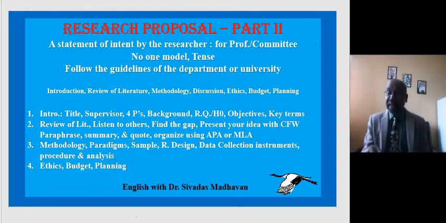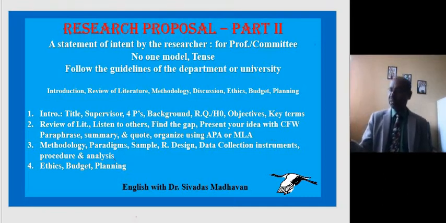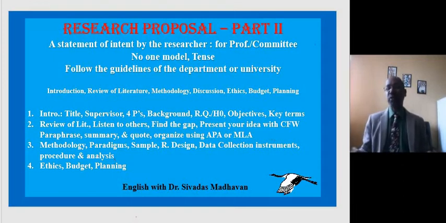And when you analyze the data, you have to mention what scientific devices you use. For example, if it is quantitative research, there will be statistical calculations, and for that you can use SPSS or many other different software you can use. But most of the time people use SPSS for social science.